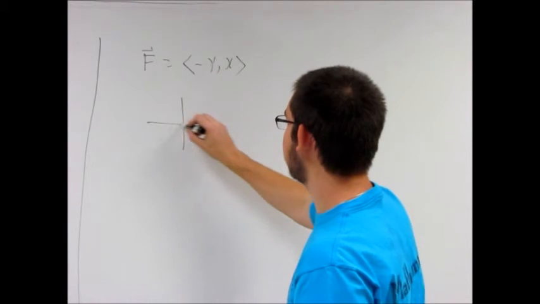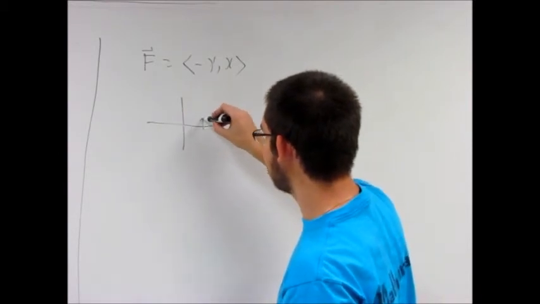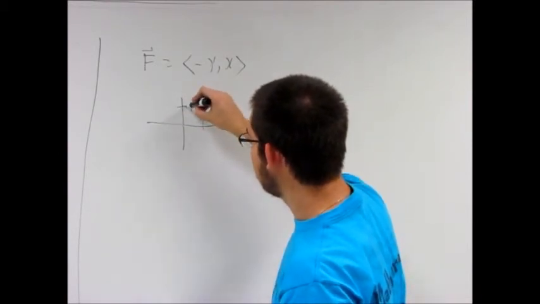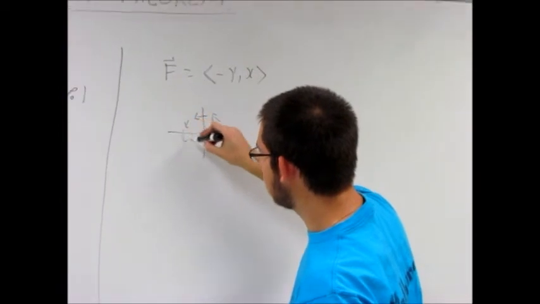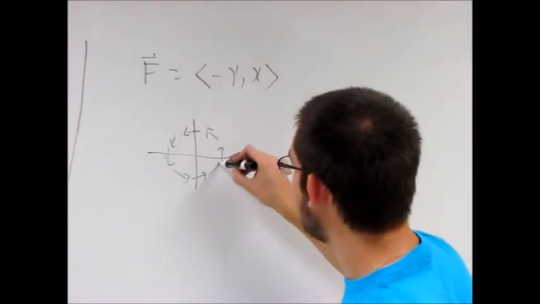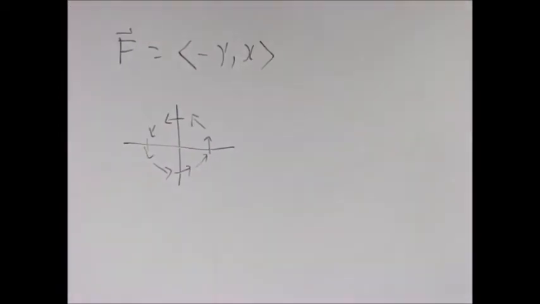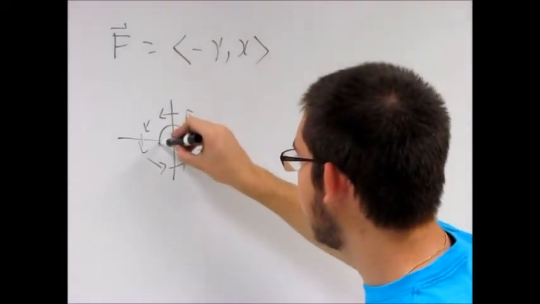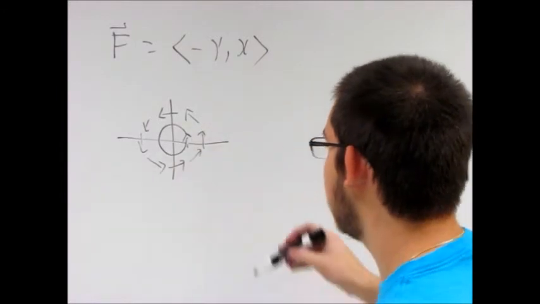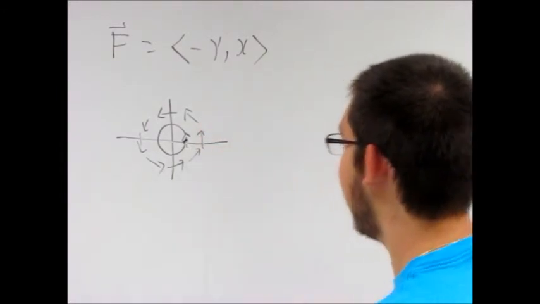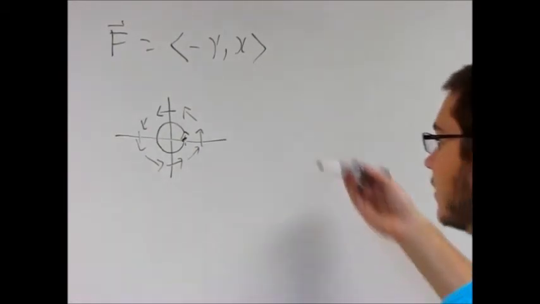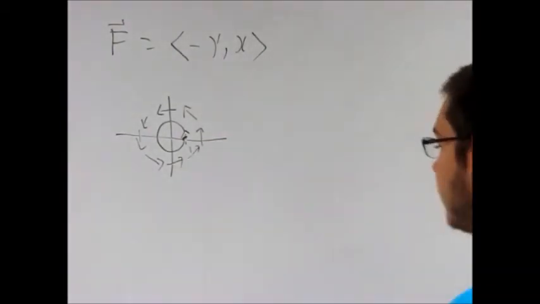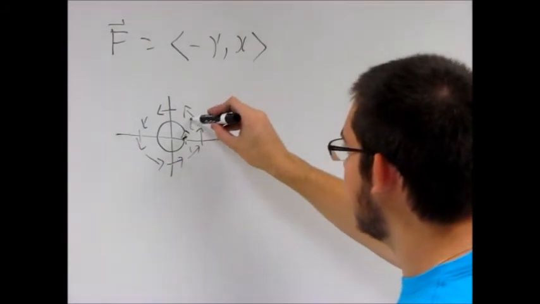We did this one as an example earlier. It looks something like this. Counterclockwise rotation. And so what if we wanted to find the line integral over a counterclockwise circle, let's say the unit circle. Let's say this is C.